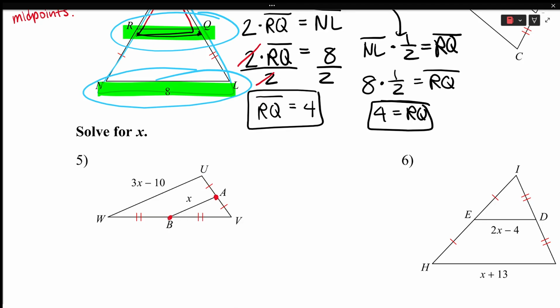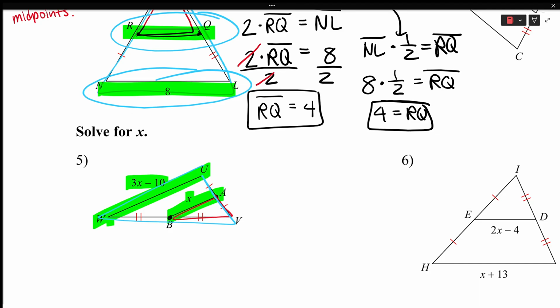So that means, sorry, I just had a brain fart. AB and UW are corresponding sides of the triangles. I have this little triangle here, and then I have the big triangle on the outside, okay? So how do I set up my equation?